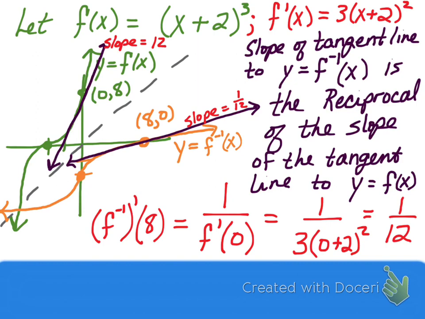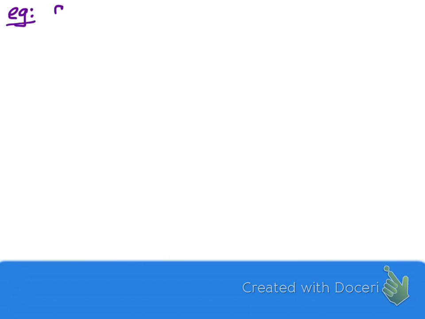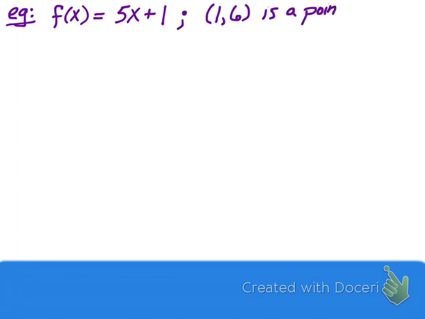So let's do another example. And this one we won't do any graphing. Let f at x equal 5x plus 1. The point that we're going to focus on our original function is the point (1, 6).